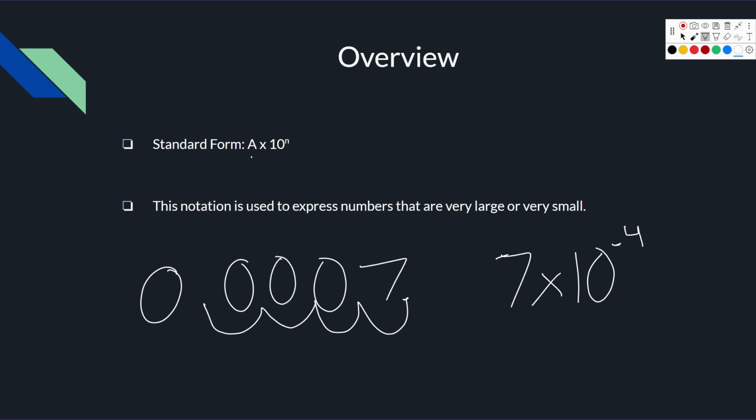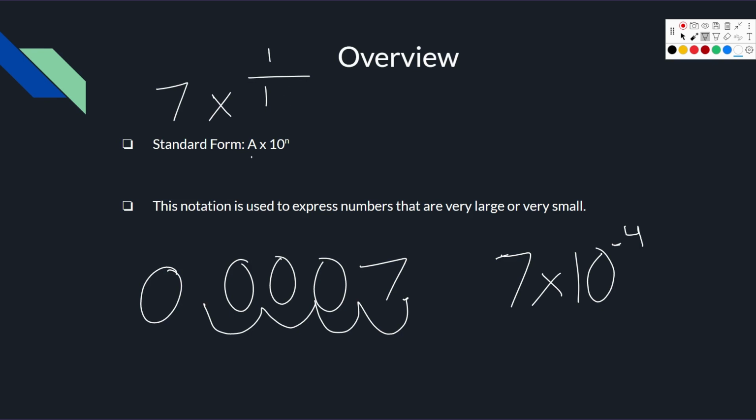And once again, if we look at what this means, this is going to check out, since 7 times 10 to the negative 4 is the same as 1 divided by 10 to the 4th.